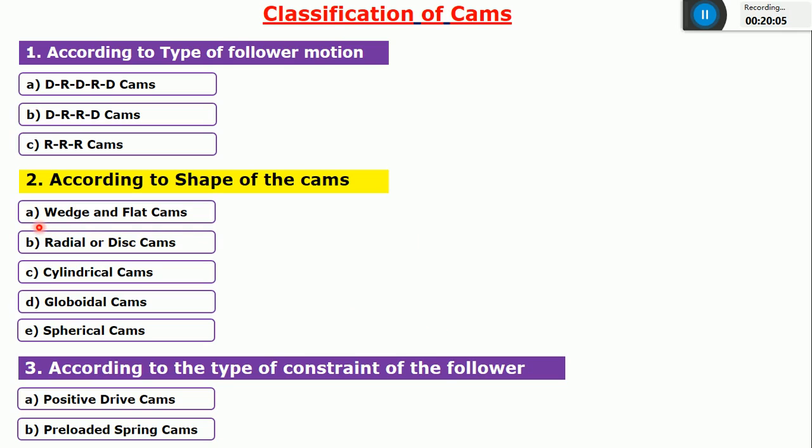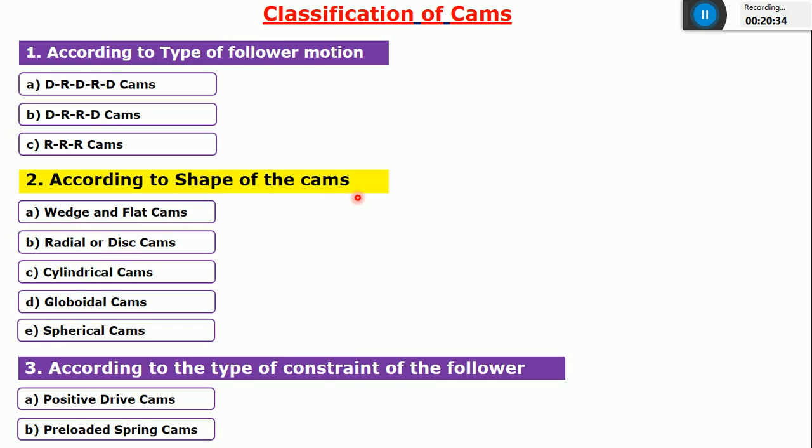Please note down this second classification. I'll start with the first one, that is wedge and flat cams. Remember, the second criteria is based on the shape of the cam.